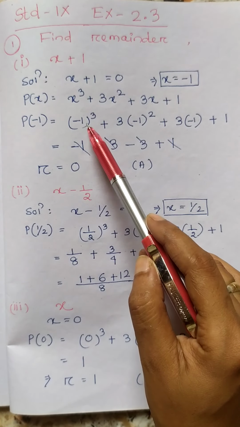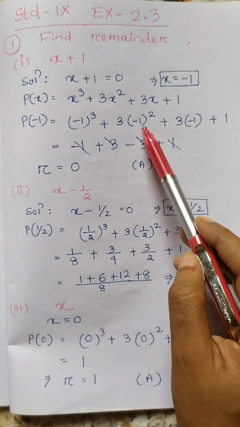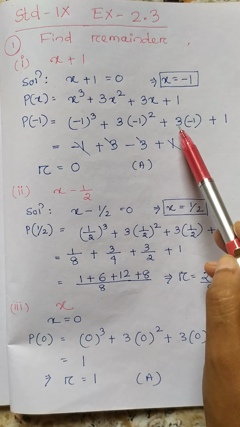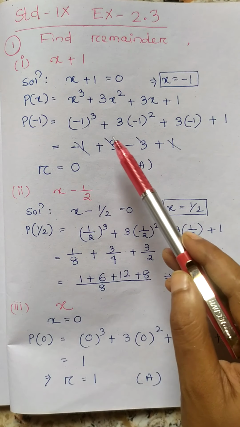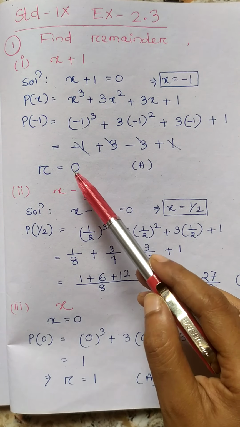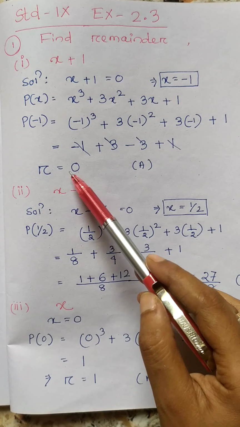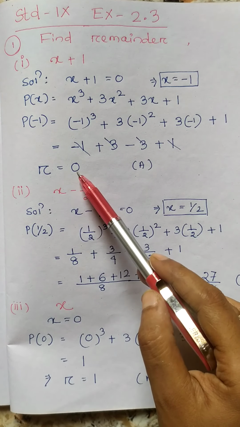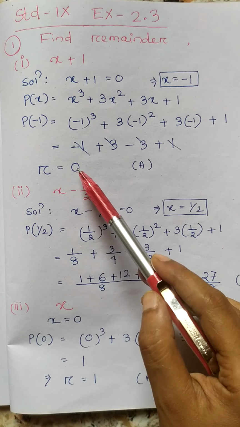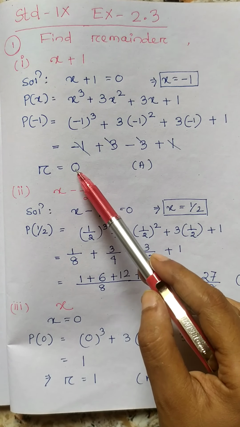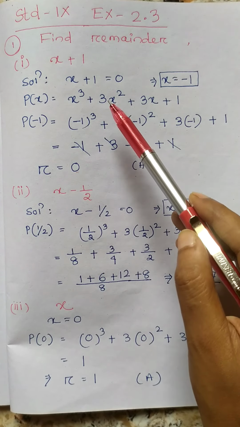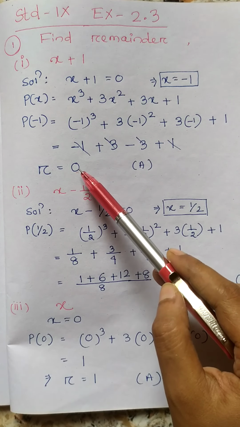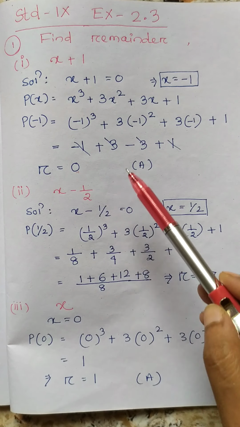So cube of minus 1, square of minus 1 multiplied with 3, plus minus 1 multiplied with 3, plus 1. Ultimately it comes as 0, and whichever value we get is equivalent to the remainder. So the remainder is 0, that means when we divide we will get remainder 0.